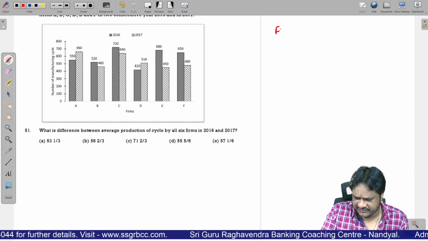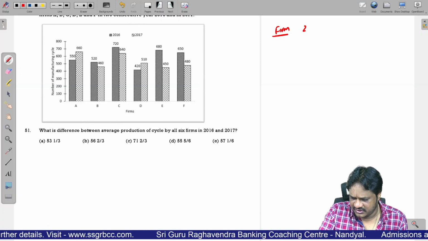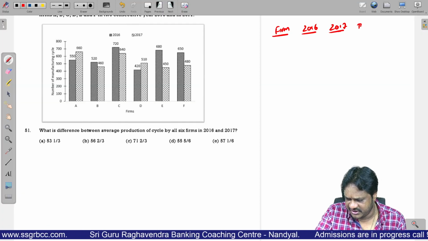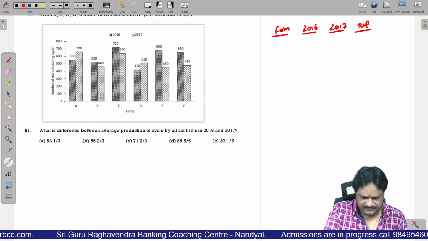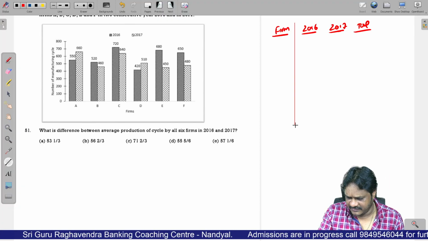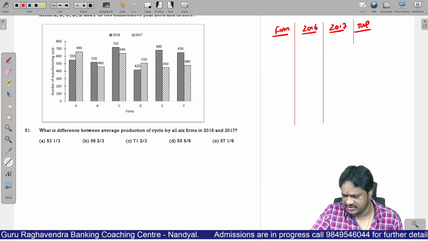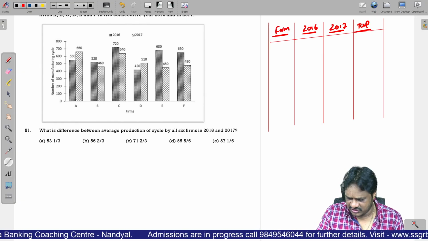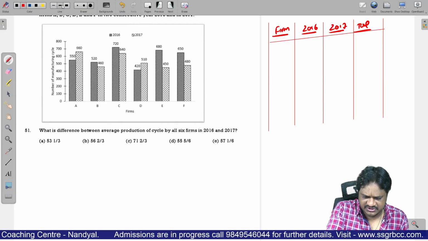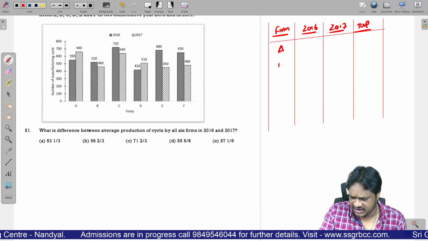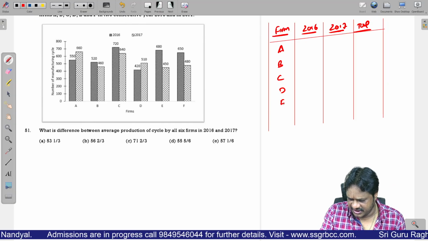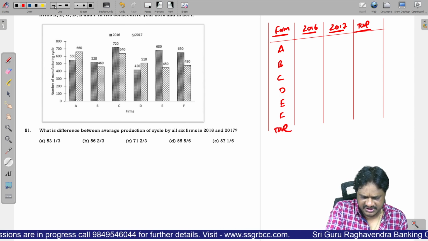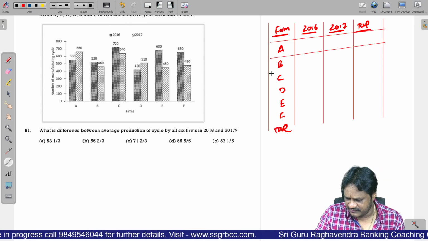First one is the firm, next one is 2016, next one is 2017, next one is the total. Below the firms, you write down the names of the firms, that is A, B, C, D, E, F and also the total.